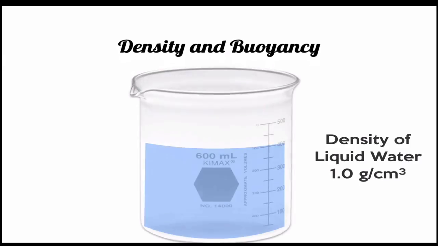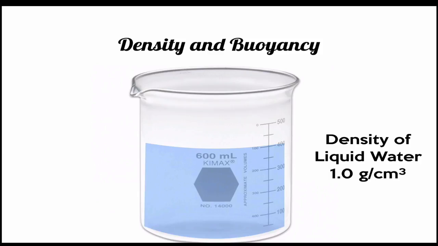A significant property within density is buoyancy, and buoyancy is the ability to sink or float. How something will sink or float is very dependent on its density. We usually measure buoyancy compared to water, and water has a density equal to 1.0 grams per centimeter cubed. That's liquid water. If I freeze it, that changes its density.